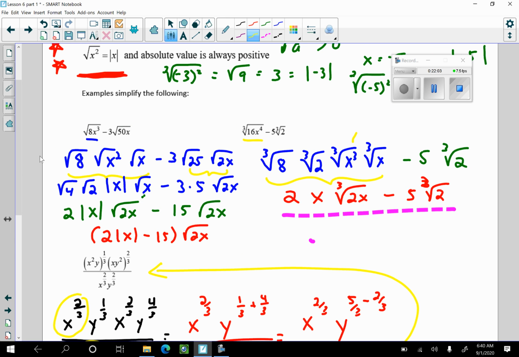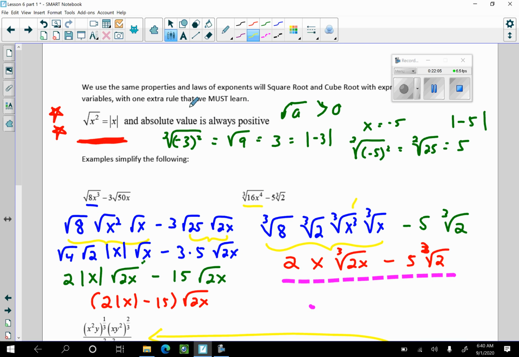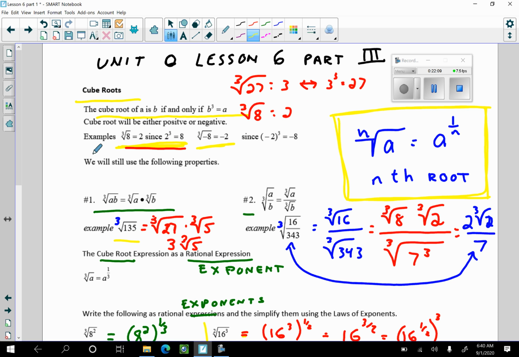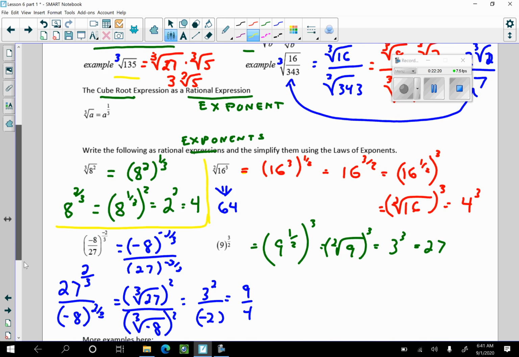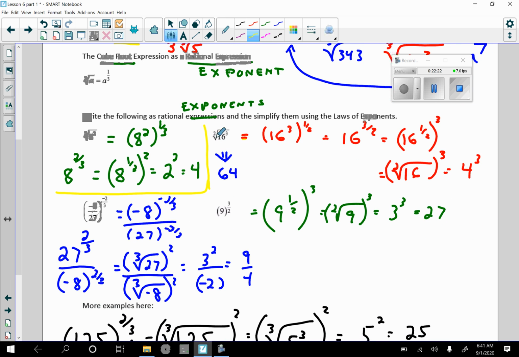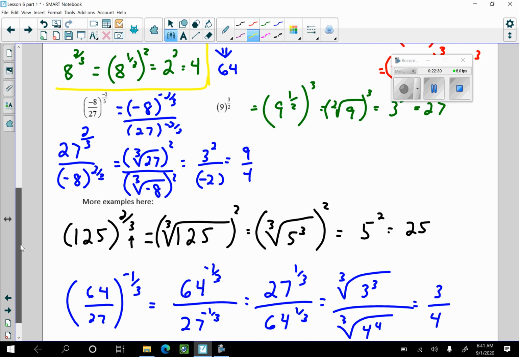This is tremendously important, this topic we talked about. This is going to be the nth root of a to the 1 over n. We're just simplifying cube roots here. And then some simple expressions, simplifying them, writing them in lowest terms using your laws of exponents and laws of square roots and cube roots.